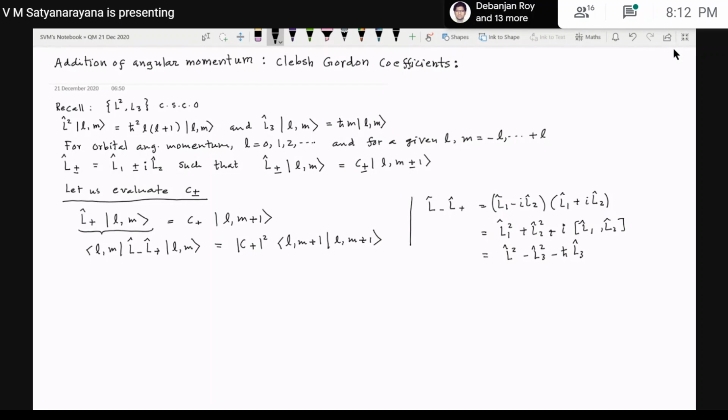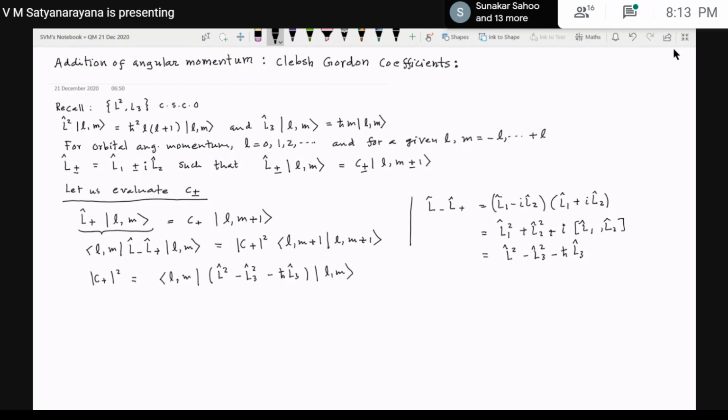So if I substitute that here, we have C plus modulus square equal to ⟨L, M| L square minus L3 square minus h bar L3 |L, M⟩.